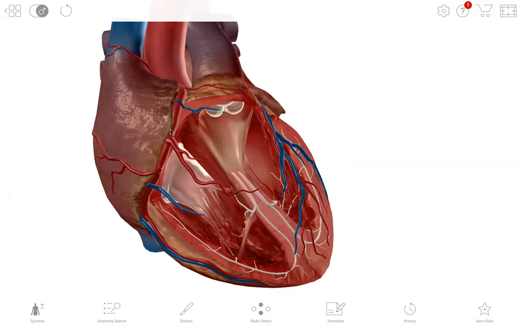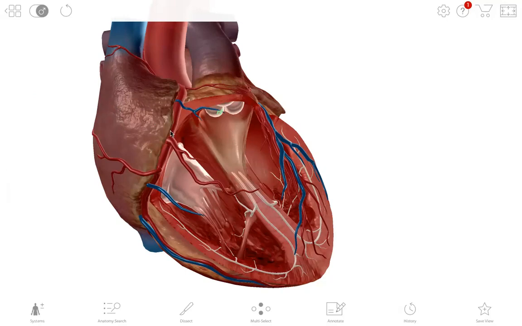The AV node is on the septum in between the two atria, just above the tricuspid valve. It also has the ability to generate impulses at about 60 beats per minute. So the pacemaker of the heart is the SA node.